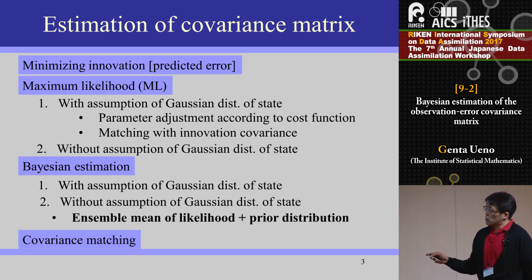In Bayesian estimation, there are two ways. One uses the assumption of Gaussian distribution of state, and the other is without the assumption of Gaussian distribution of state. The method I propose here is this one, Bayesian estimation of covariance matrix without assumption of Gaussian distribution of state.